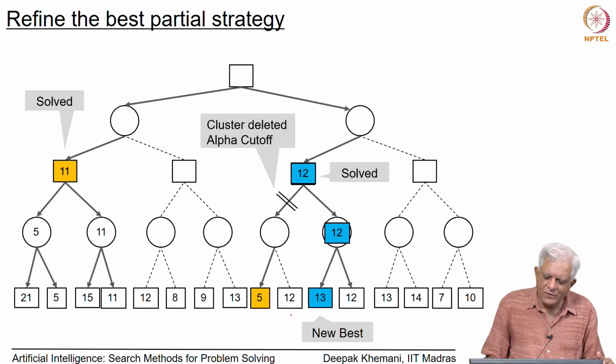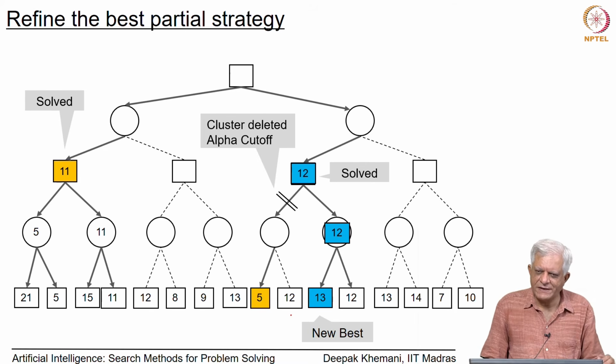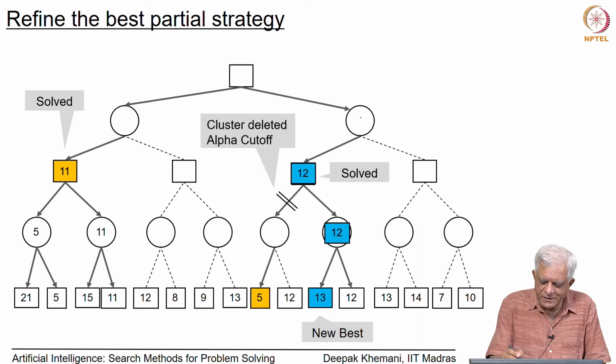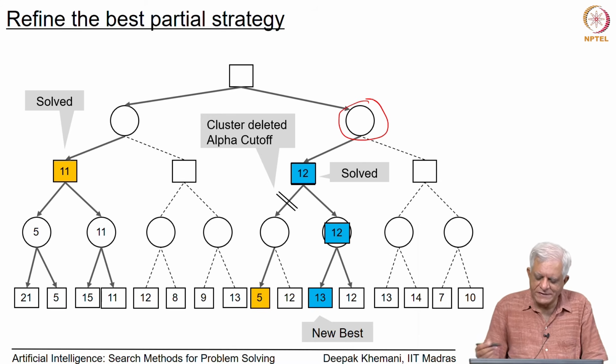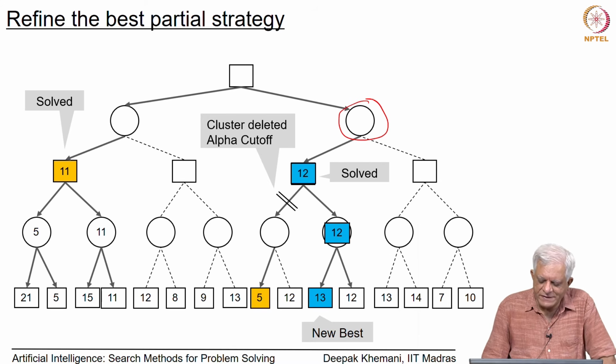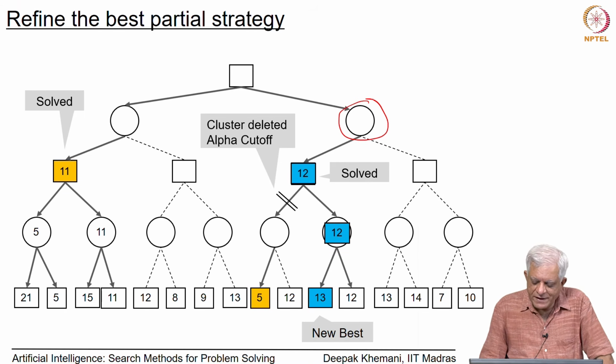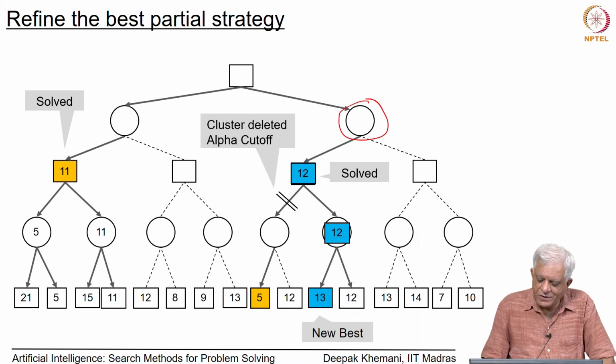But refinement now follows a slightly different path. We will formalize this algorithm a little bit later, but the basic idea is that if you look at the min parent of this max cluster, in the clusters that we have constructed, this is the only child which exists, but it has other children. In this case, there is only one other child, and that other child could have a lower value or a higher value. We need to investigate that.